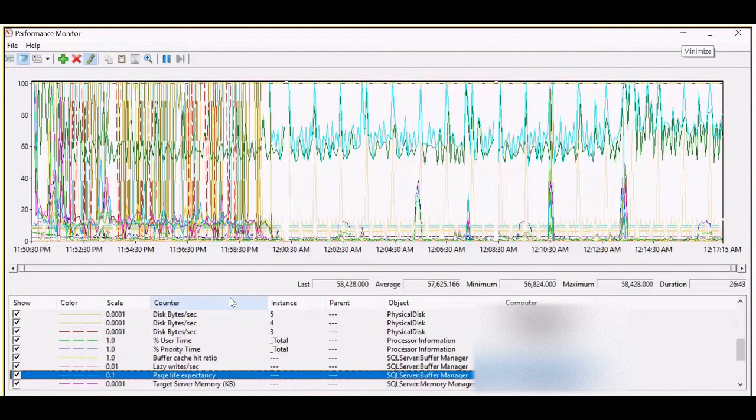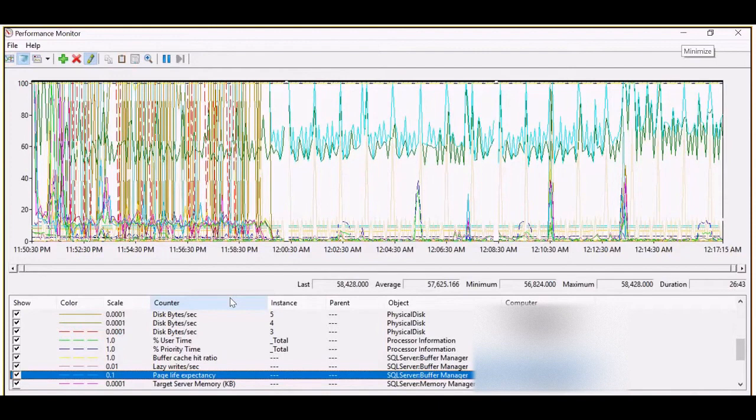Now, that's not a hard and fast rule. If you've got a very large system with a lot of memory, 300 is not a lot of time. That's pretty low. If you search online for page life expectancy counter value, there are all kinds of SQL people arguing how 300 is just not a good measurement to go by, and it should be higher than that.